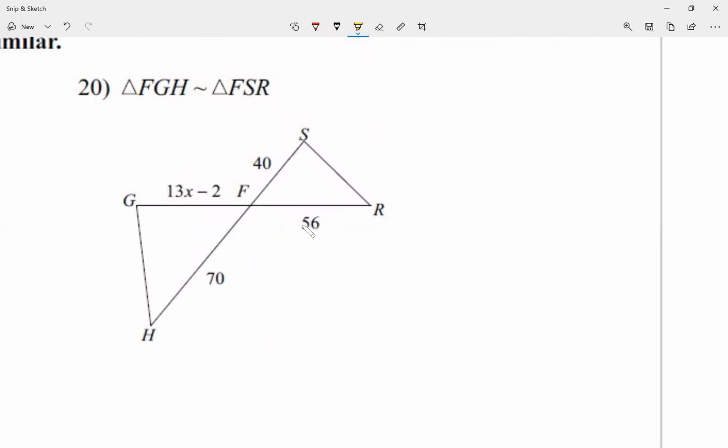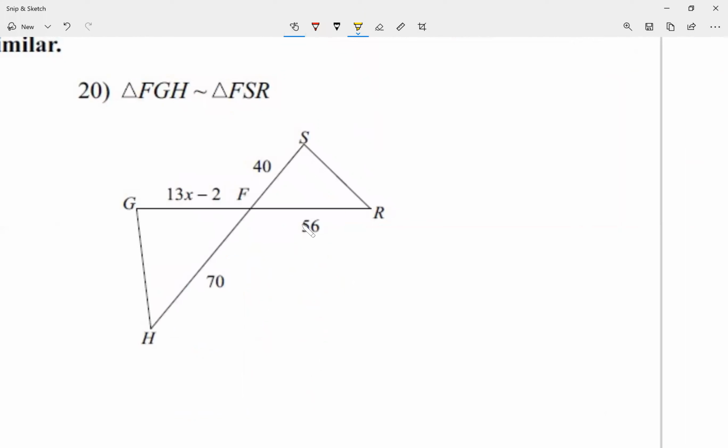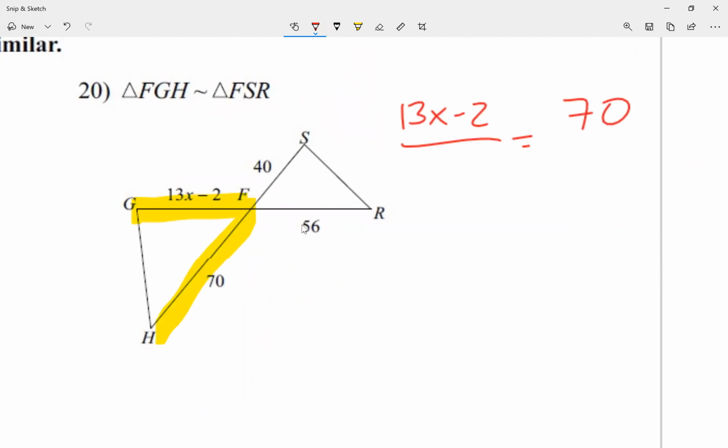All right, from one triangle, I'm going to use 13x minus 2 and 70. So let me just write that down. 13x minus 2 and 70. All right, 13x minus 2. Does that go with 56 or does that go with 40?